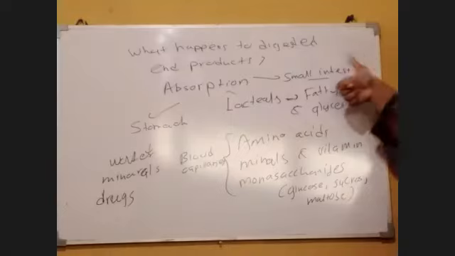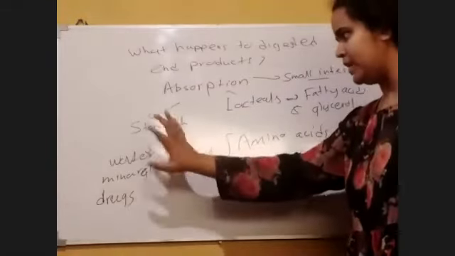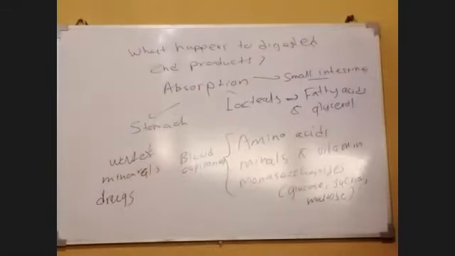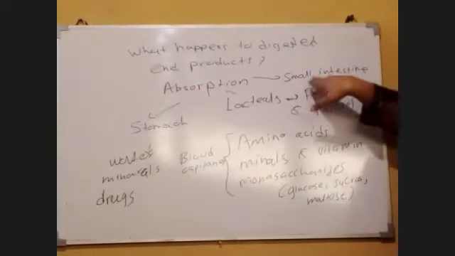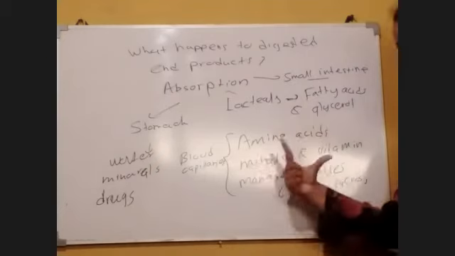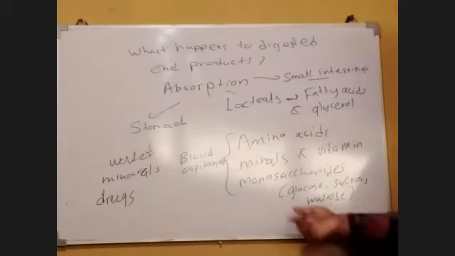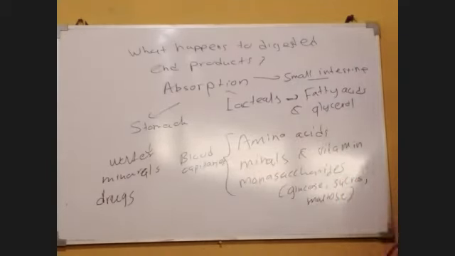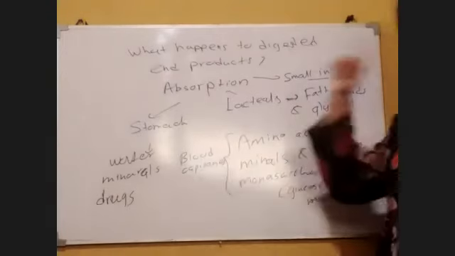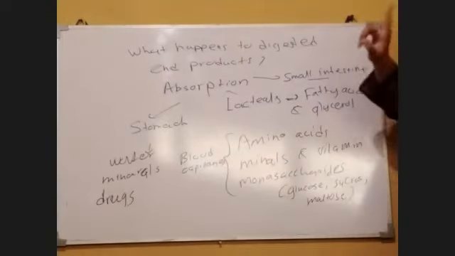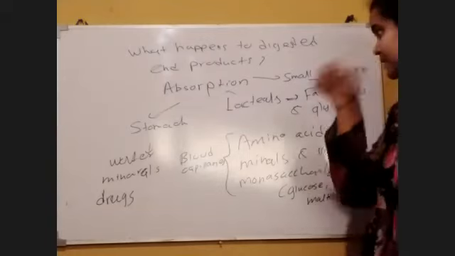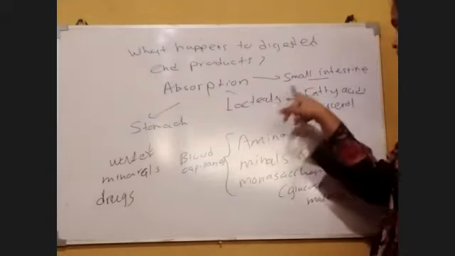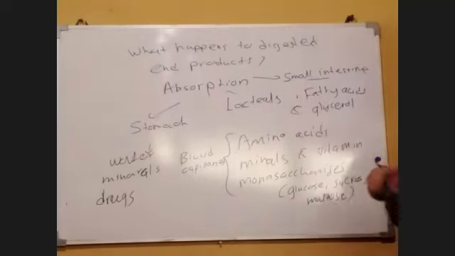In the stomach, water, mineral ions, and some drugs are absorbed. In the small intestine, amino acids, mineral ions, vitamins, and monosaccharides like glucose, sucrose, and maltose are absorbed into the blood capillaries. But the digested end products of lipids, fatty acids and glycerol, are absorbed into the lacteals.